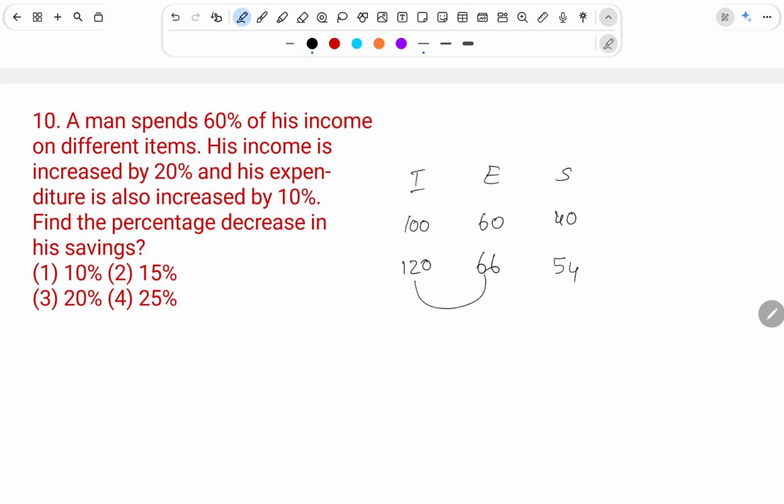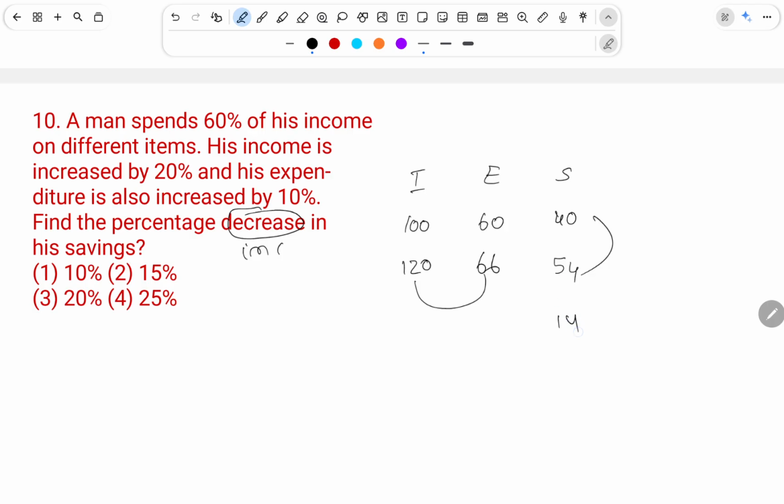Have we made any mistake? A man spends 60% of his income on different items. His income is increased by 20% and his expenditure by 10%. No, it will be 54. Actually, it should not be decreased, it should be increased, because from here to here it increased.